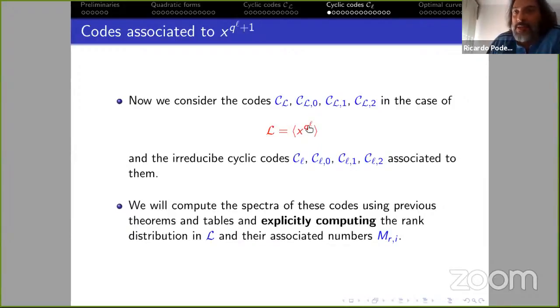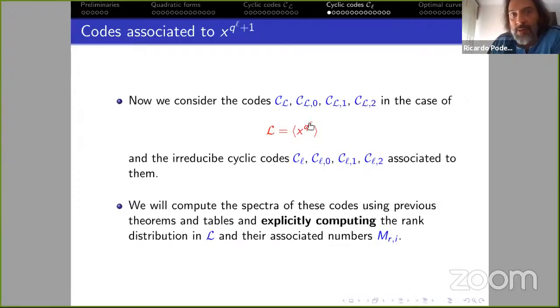So the quadratic forms are all multiples of this one. In this way, we have this irreducible cyclic code associated to this particular L.